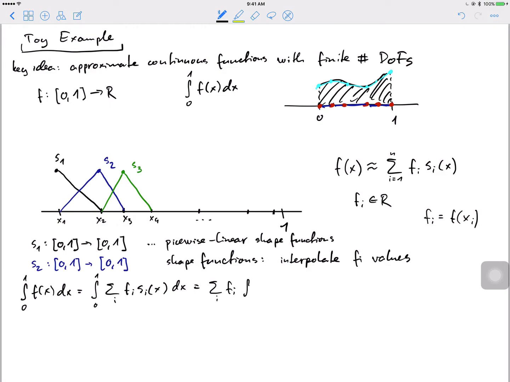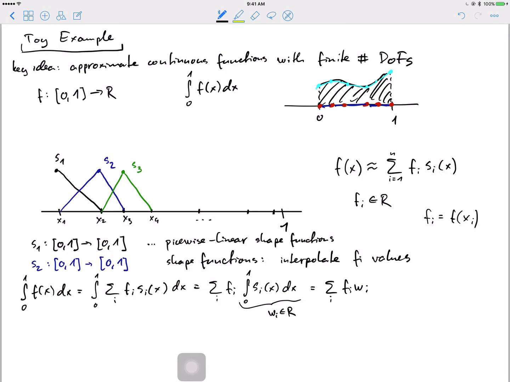And here I have just the integral of the shape functions themselves, okay? From 0 to 1. But these shape functions, they are given, okay? The only thing that depends on the function I'm approximating are the fi's, okay? So these things are constants, so I can pre-compute them and call them wi, and they're going to be just some scalars, okay? So this thing is approximated as the sum of fi wi, okay? And that's something I can feed to a computer.